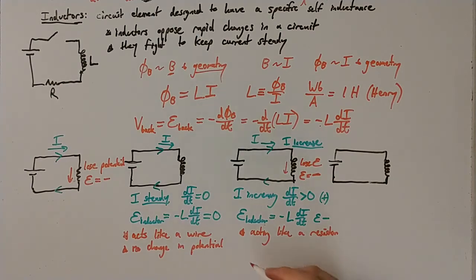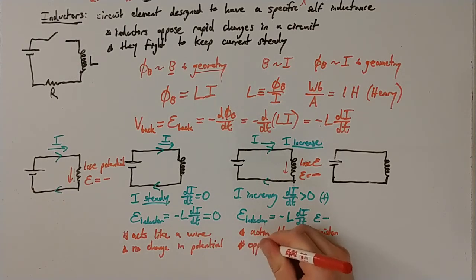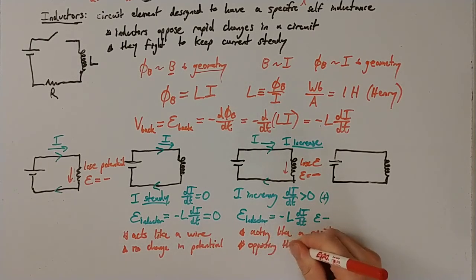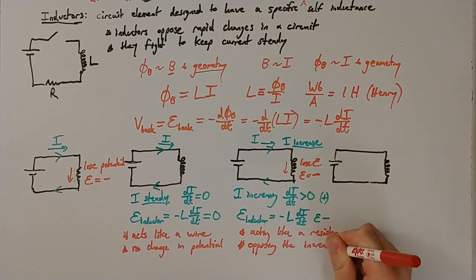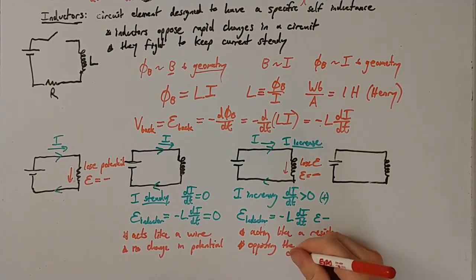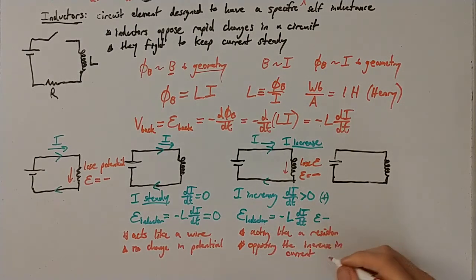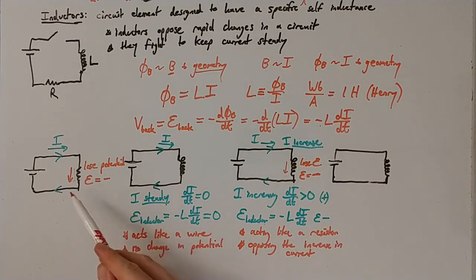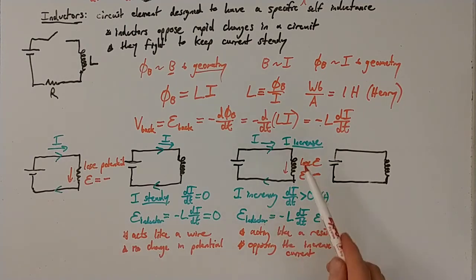So we have a negative change in potential. We're opposing the increase in current, just like resistors, they oppose current. Here, if it's increasing, we're opposing the increase. It's acting like a resistor.